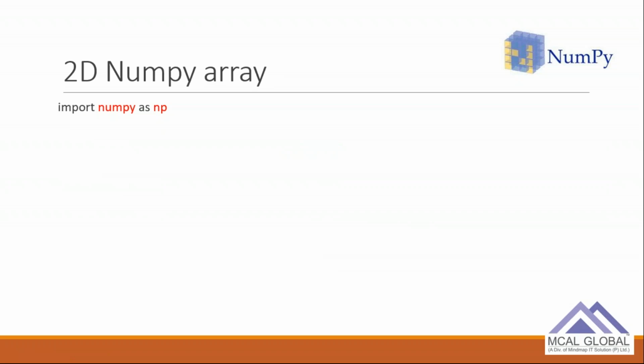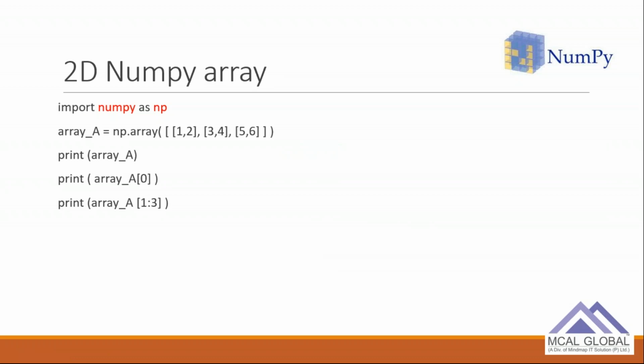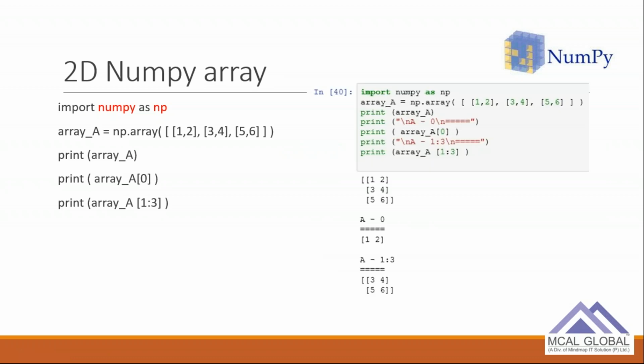Now let's go on to the 2D NumPy array. We have already seen that. If you have a two-dimensional array and you print a0, Python knows this is a two-dimensional array. If you give just one index, it will print the first row, so 1 2 will be printed.